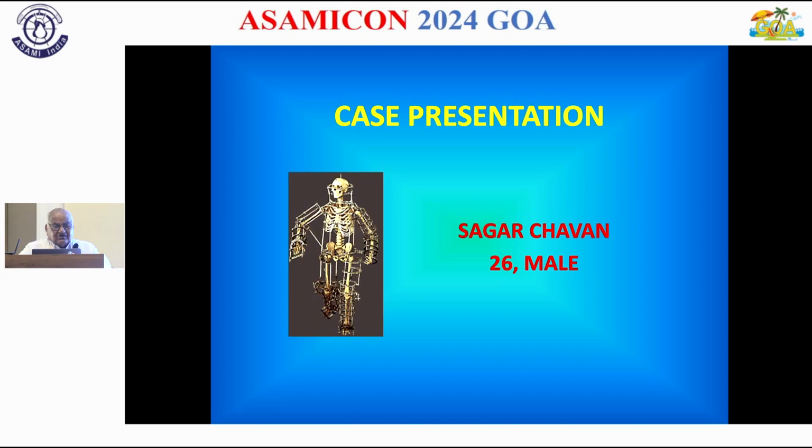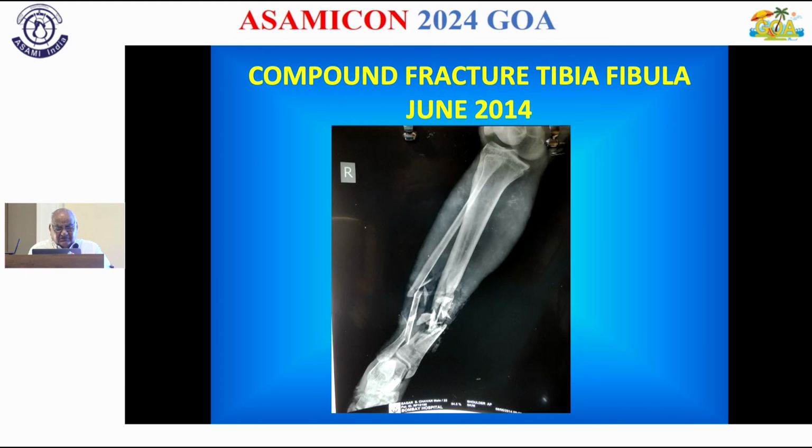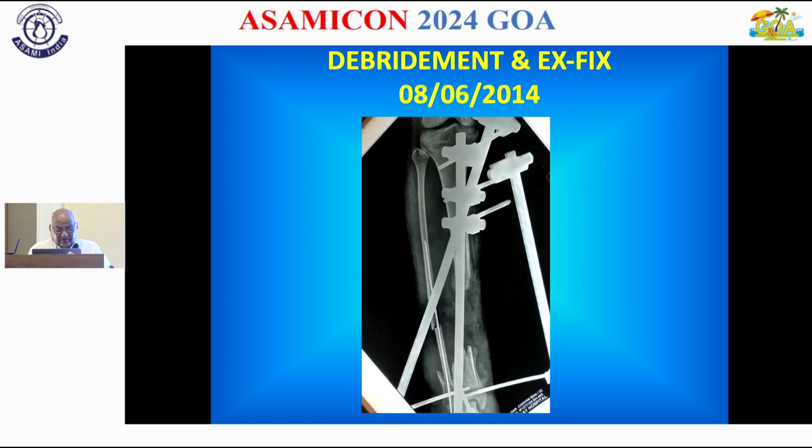This is the case presentation. A 26-year-old young man got a comminuted fracture of the tibia and fibula in June 14. This is after the debridement with an external fixator.